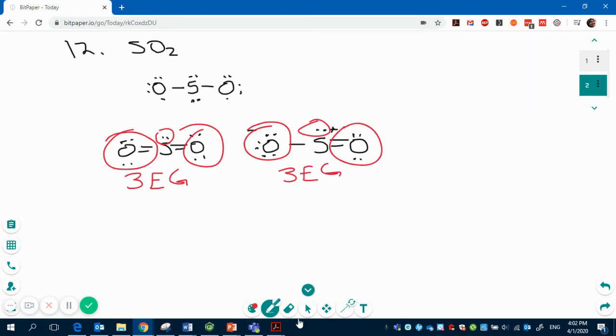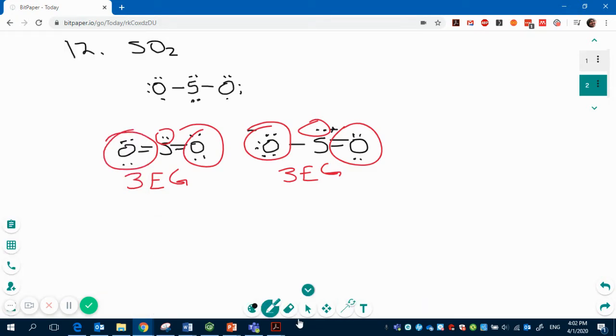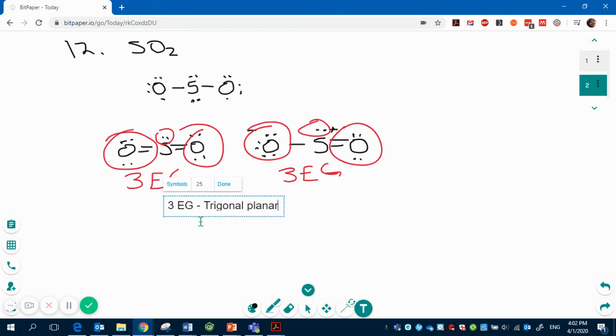And 3 electron groups means that the parent shape is trigonal planar, right? But we can see that, in fact, it's two bonding groups and one non-bonding.